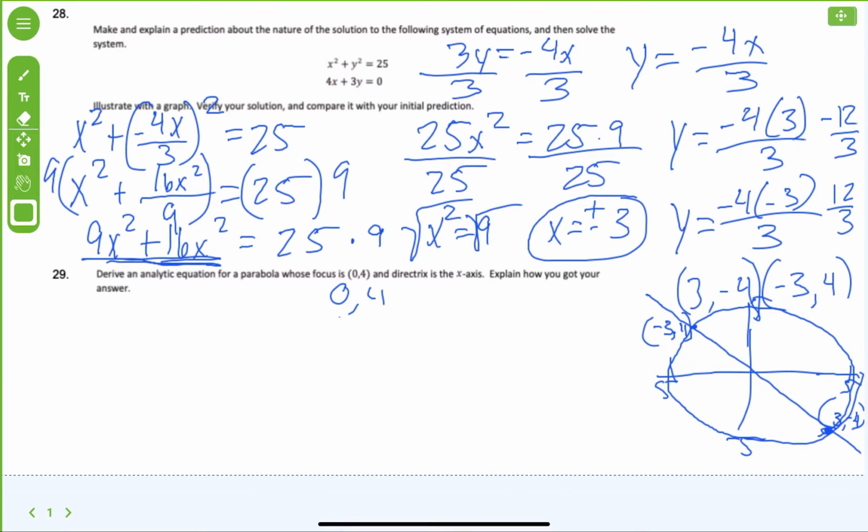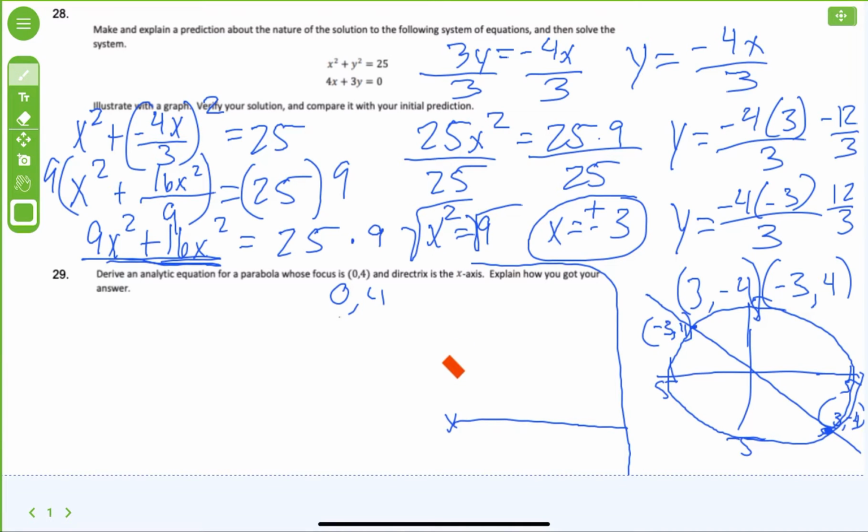Let me just draw it here. So let's just go, I want to draw it over here. The x-axis is the directrix. Okay. The focus is at 0, 4.